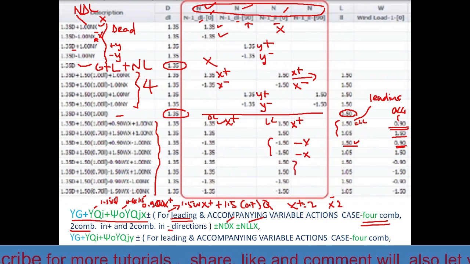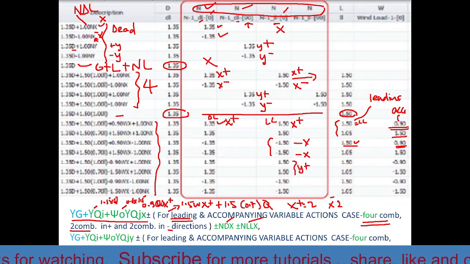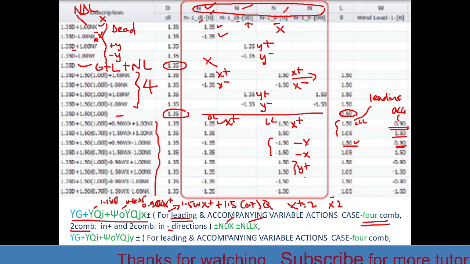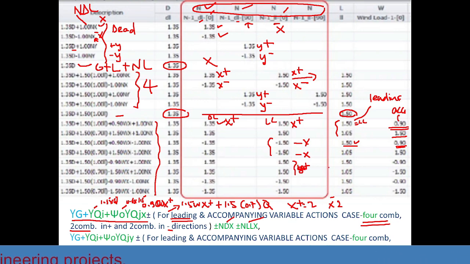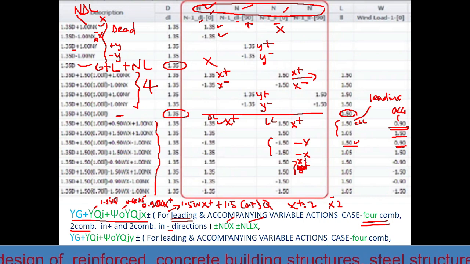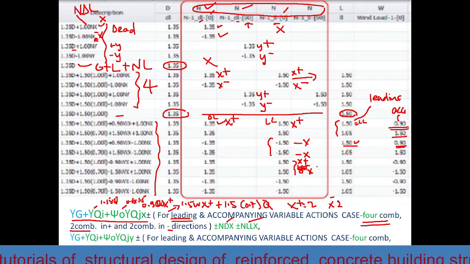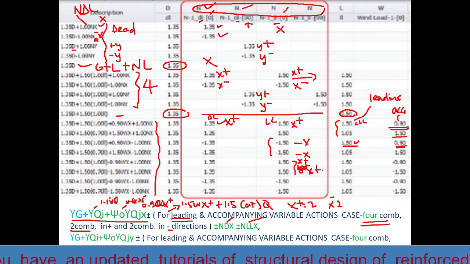And similarly, in y positive direction, sorry, this is for x direction, x positive, and this one is also x positive direction.